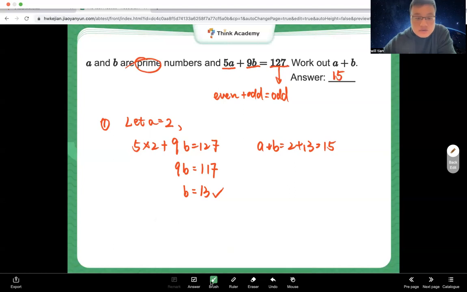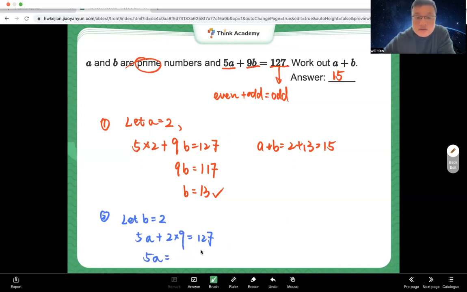Is it possible B equals 2, right? So case 2, let B equal 2. If B is 2, that will be 5A plus 2 times 9 equals 127. Guys, when you do 5A, that equals 127 take away 18.